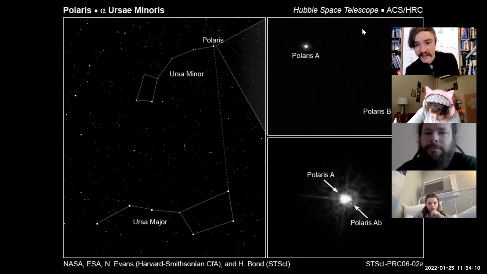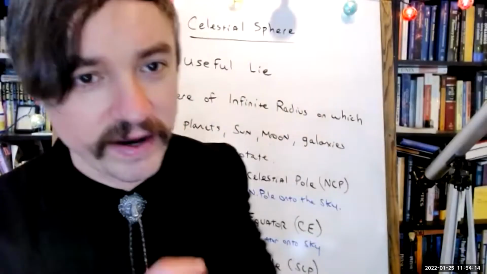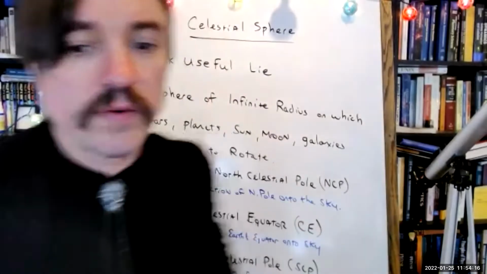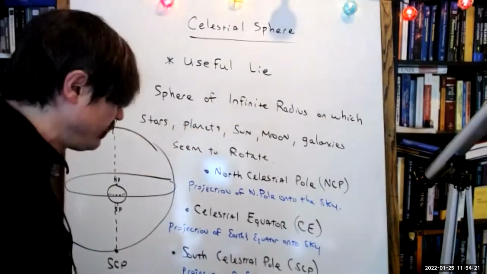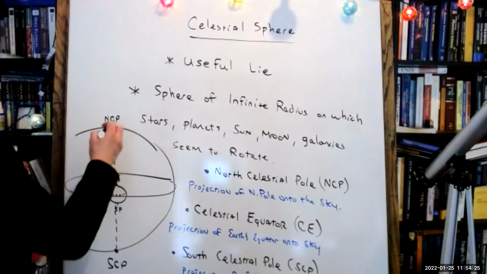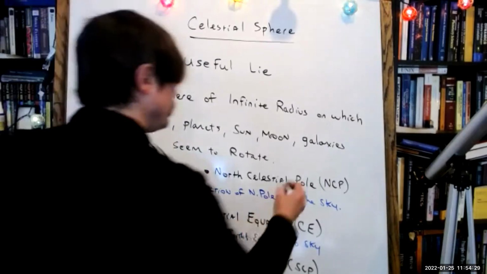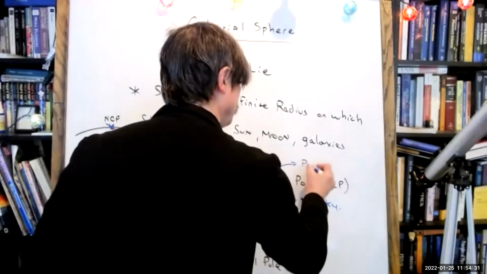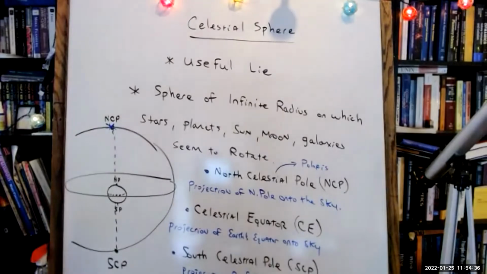And you can actually see its period of oscillation with your naked eye if you keep a careful record of it. Okay, so I often use Polaris as a placeholder for the North Celestial Pole, although in reality, they're not perfectly aligned with one another. For the purposes of this class, we can mention Polaris being there at the North Celestial Pole.